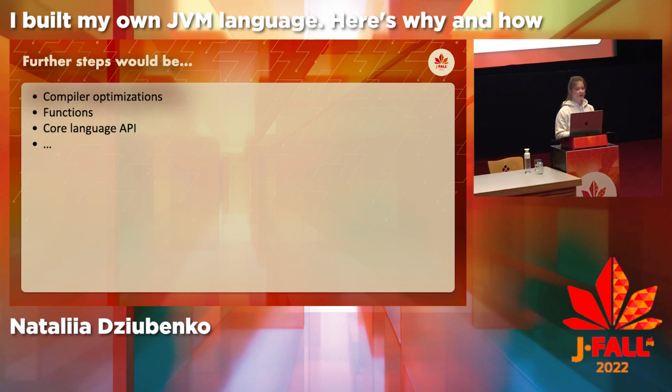Maybe a possibility to create functions in the language and call them, create the core language API, because without it the language is very limited, and you can keep on building this core language API using Java underneath until you have enough of the base of your own language, which you can reuse to build more API. This is basically what they do with Kotlin. Yeah, and you name it, you can add more things, but I don't have an ambition to continue. It would be future steps.